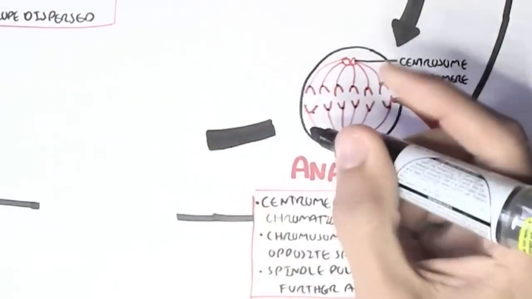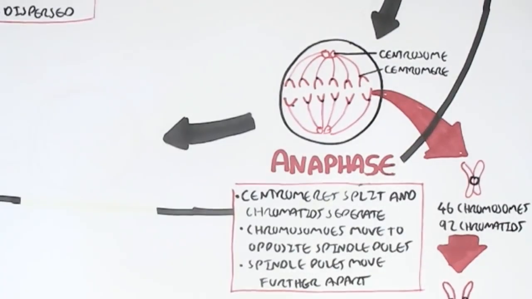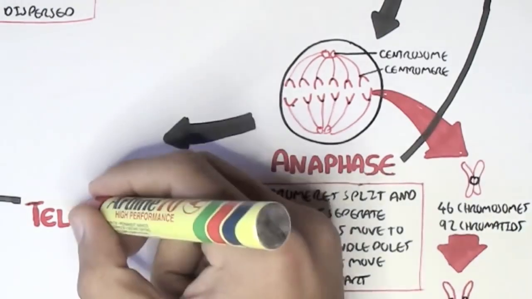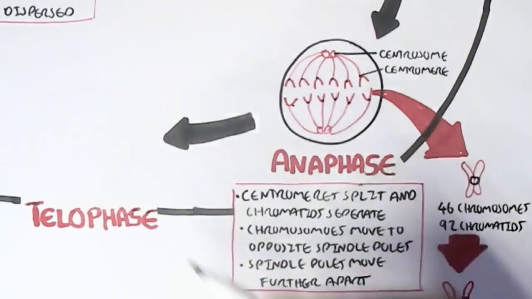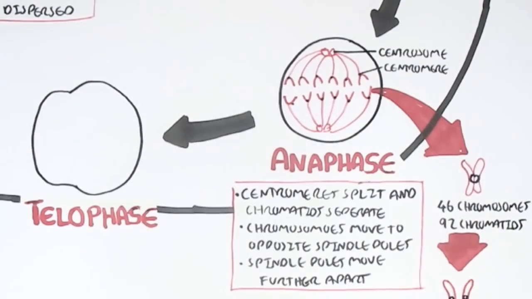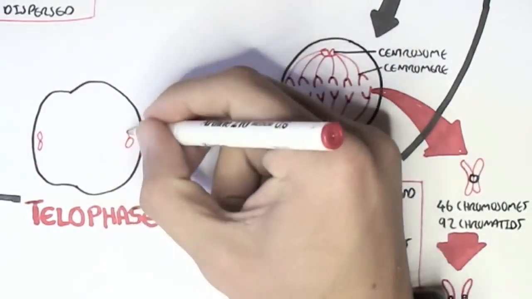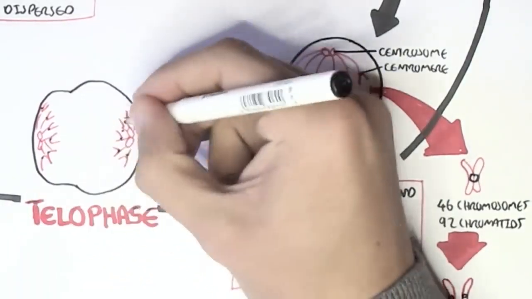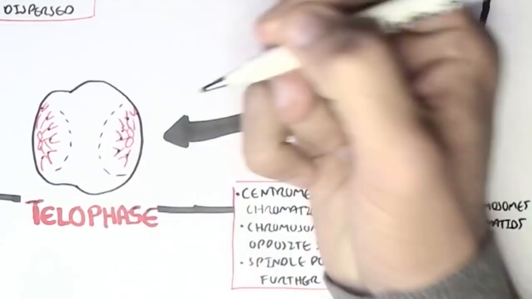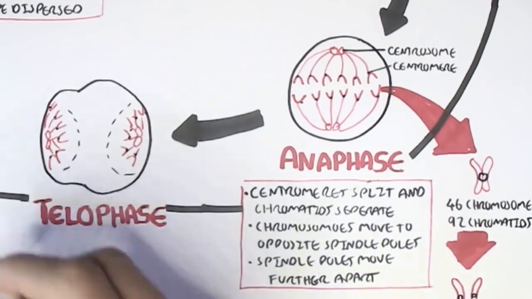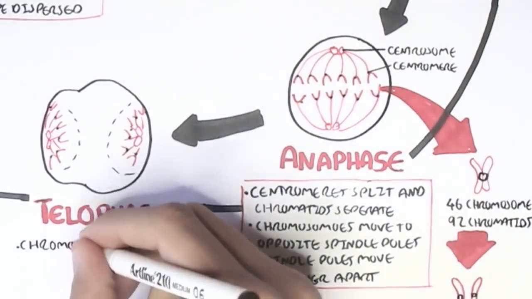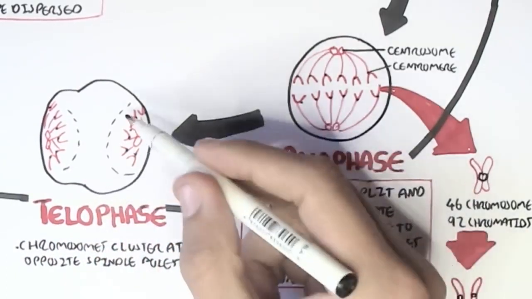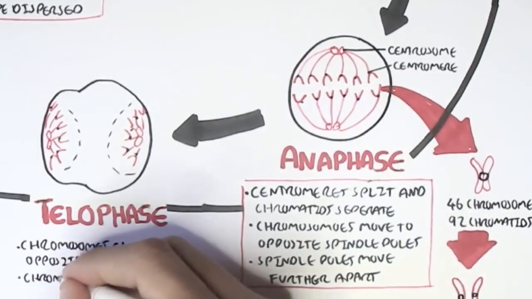Now, the cell in anaphase will then enter the last phase of mitosis, which is telophase. Telophase is when we see the centrosome with the microtubules pulling the chromosomes closer to each of their poles, and we also see a membrane forming around it. In telophase, the chromosomes are clustering at opposite spindle poles, like so.